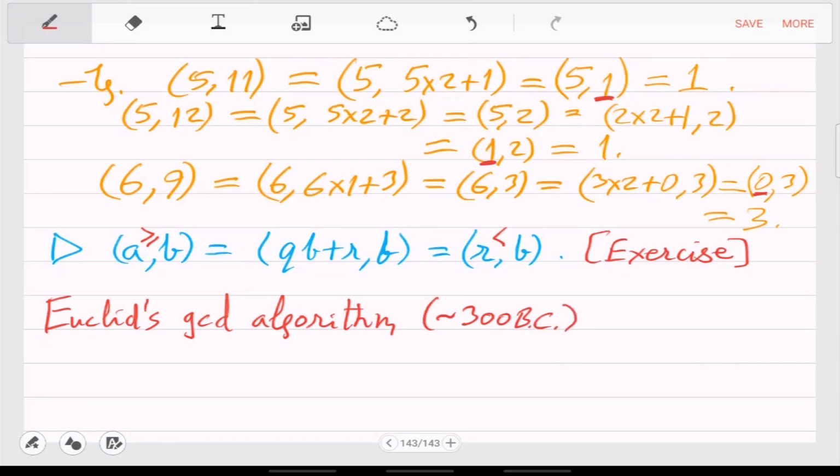Not exactly clear whether Euclid even invented this, but certainly wrote this down. So this is the oldest algorithm known and the first interesting number theory result, which is now used everywhere. Not in this form, but in many other forms also.